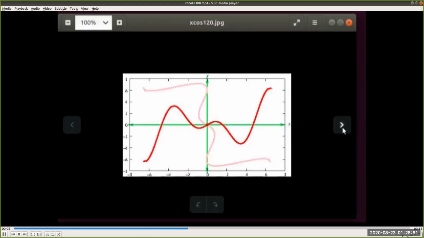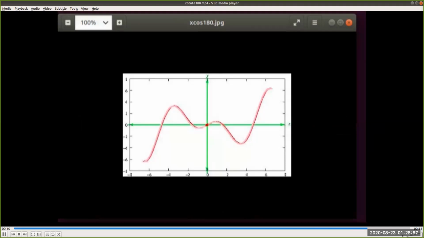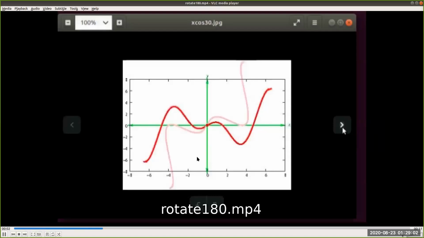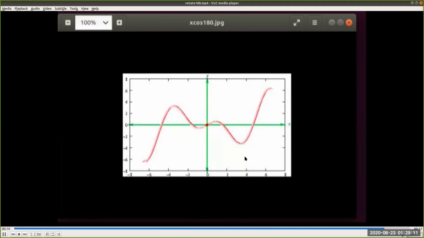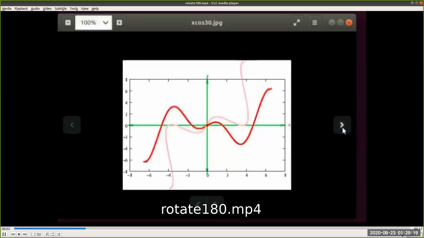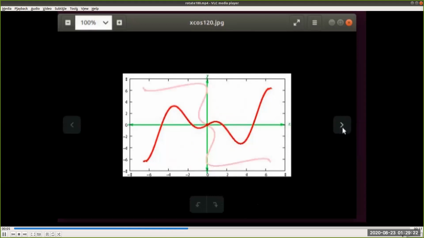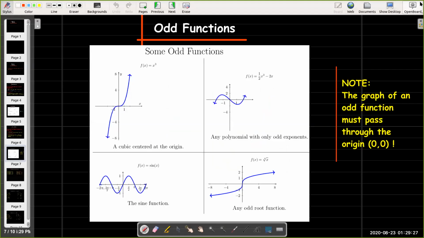And there you see it. Let me start it again. We have a graph. We rotate a copy of it through 180 degrees. And after rotating through 180 degrees, the copy of the graph lands exactly back on top of itself. So that's what we mean by rotational symmetry.